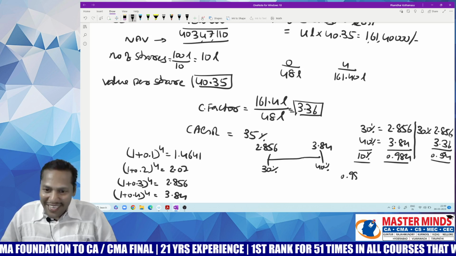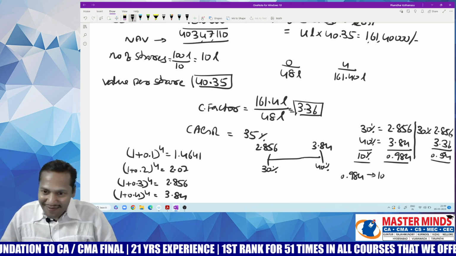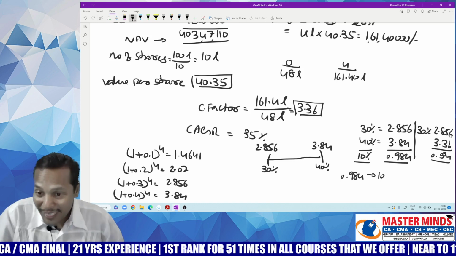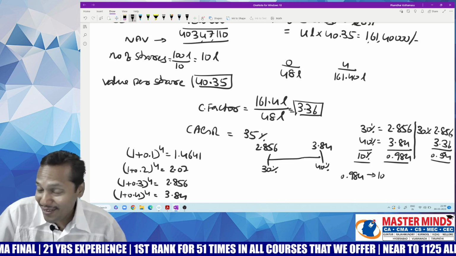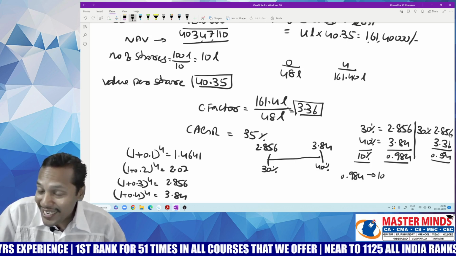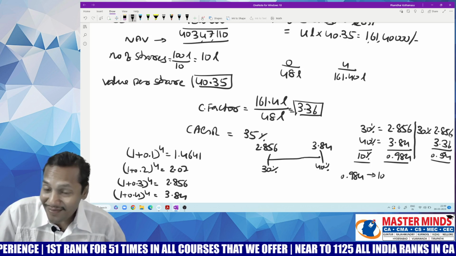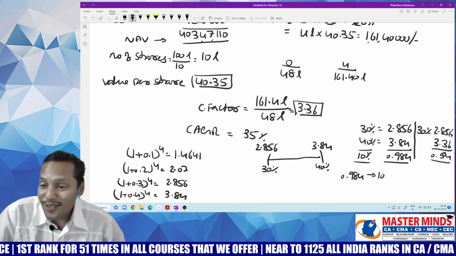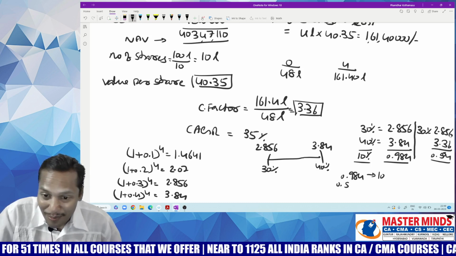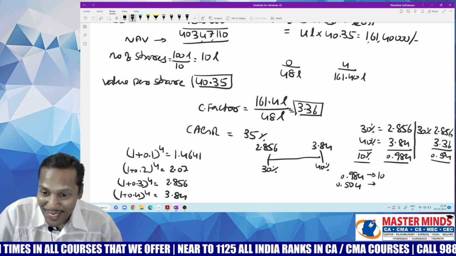For 0.984, it is 10%. For a change of 0.984, the change in percentage is 10%. For a desired change of 0.504, what is the percentage change required?